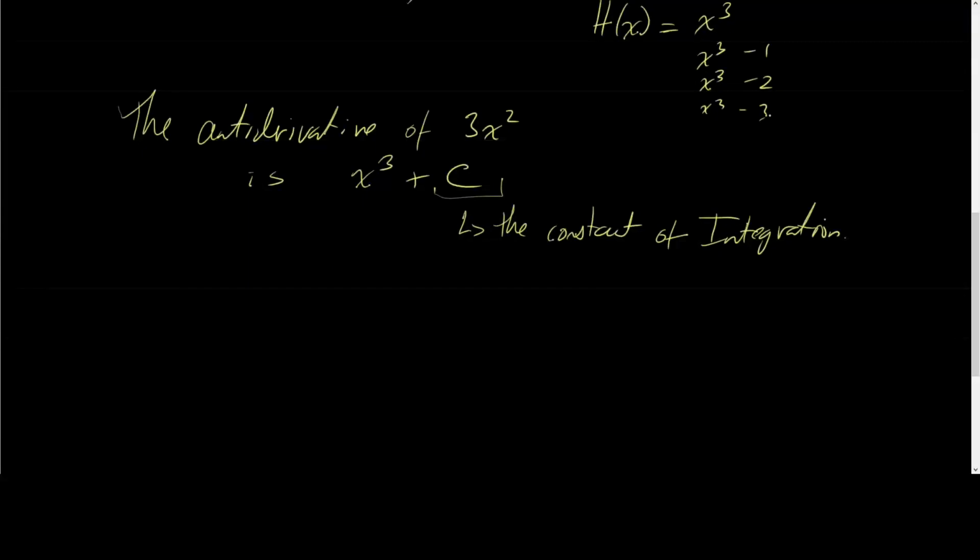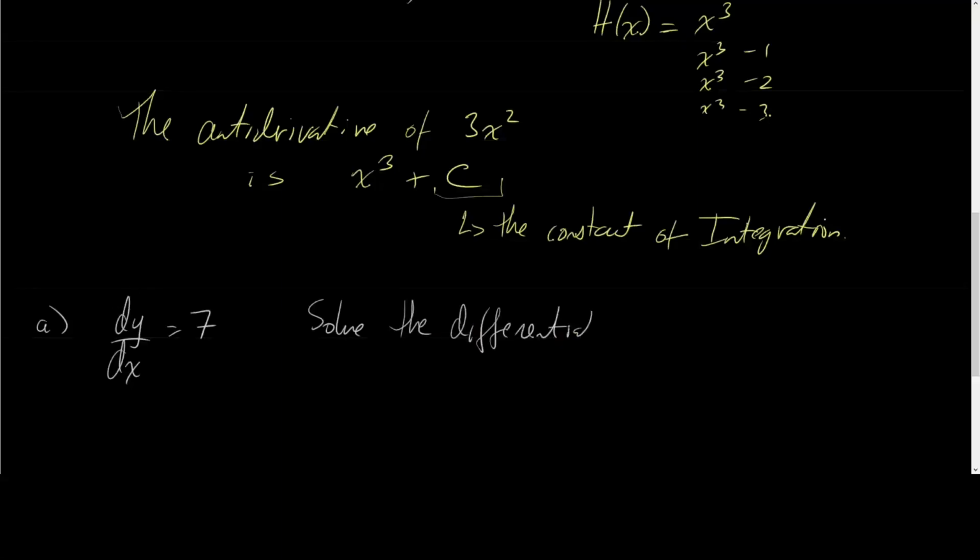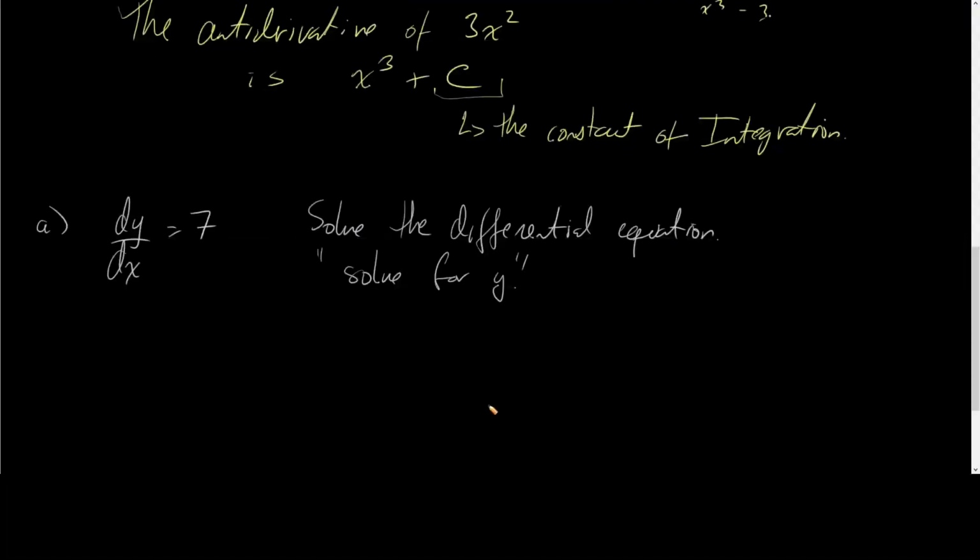So let's look at an example. Let's say that we have a function where the derivative is 7. So dy/dx is 7. And the question is to solve this differential equation. What we mean by that is find y, solve for y. We're saying the derivative of some function is 7.